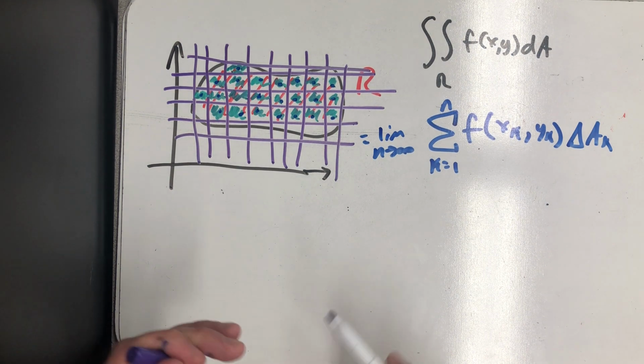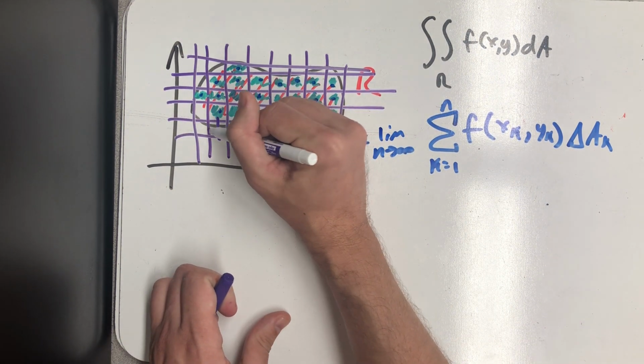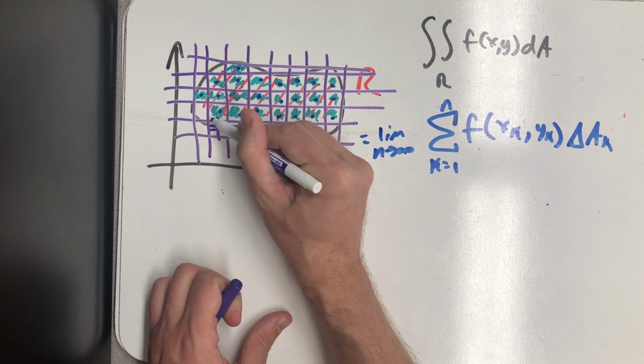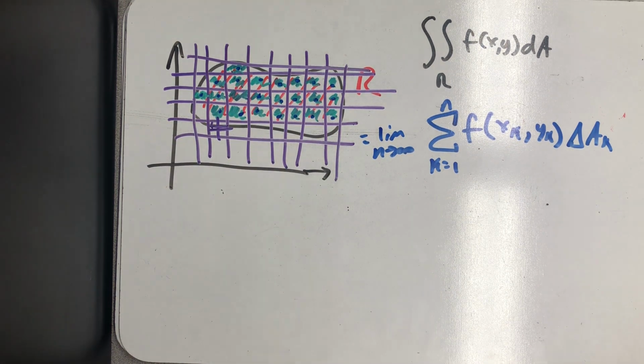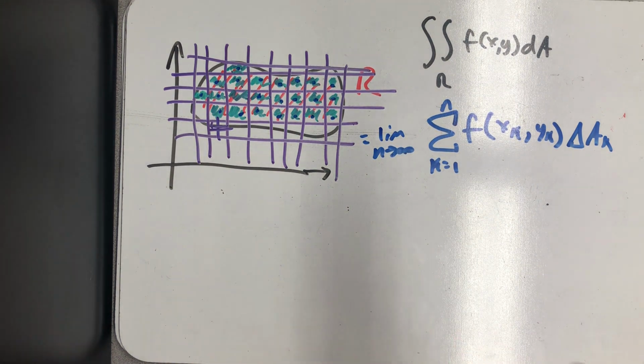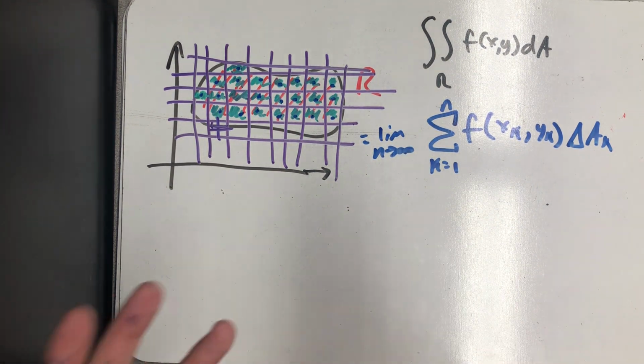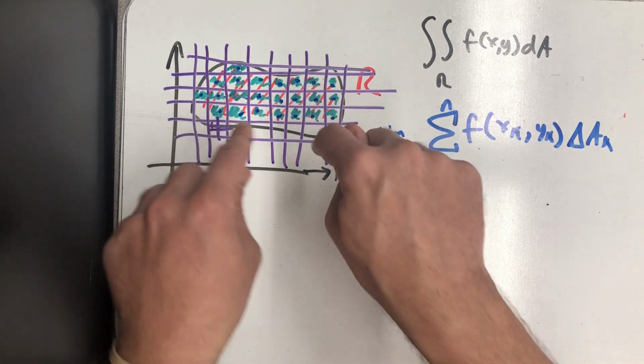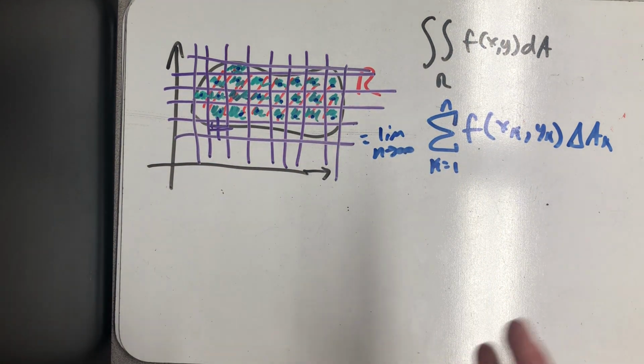This would be divided up into a lot more little rectangles, and I'd include more and more. It's like drawing the region R with finer and finer, smaller and smaller pixels, and eventually it would fill in all of the gaps and I would have all of the region R.